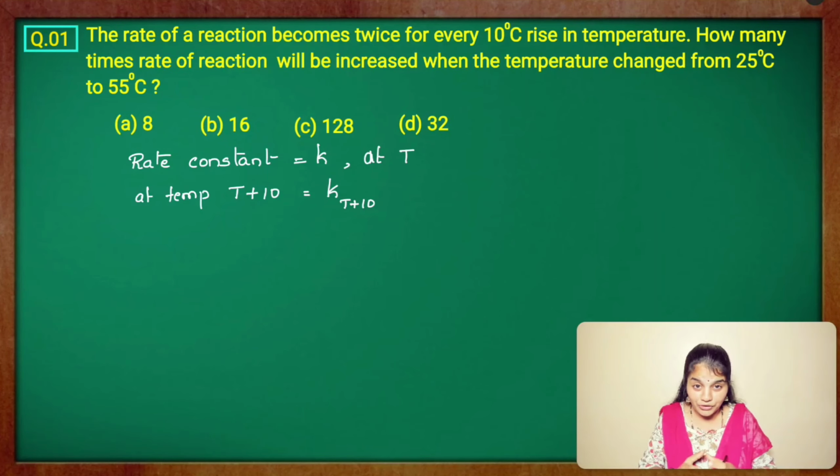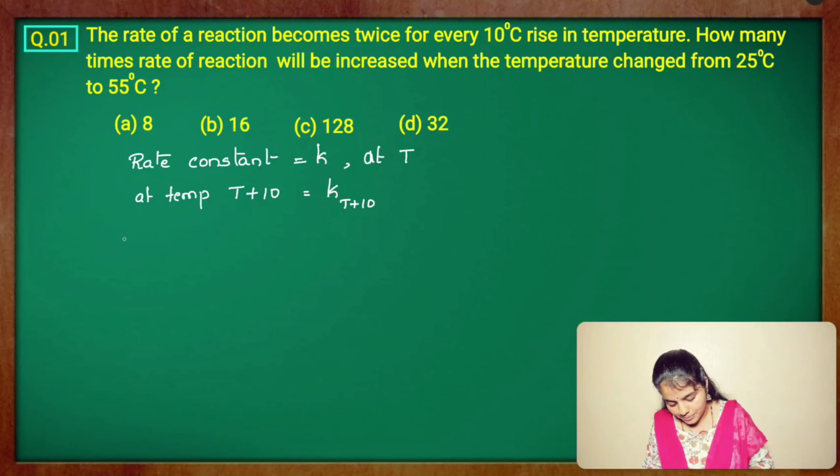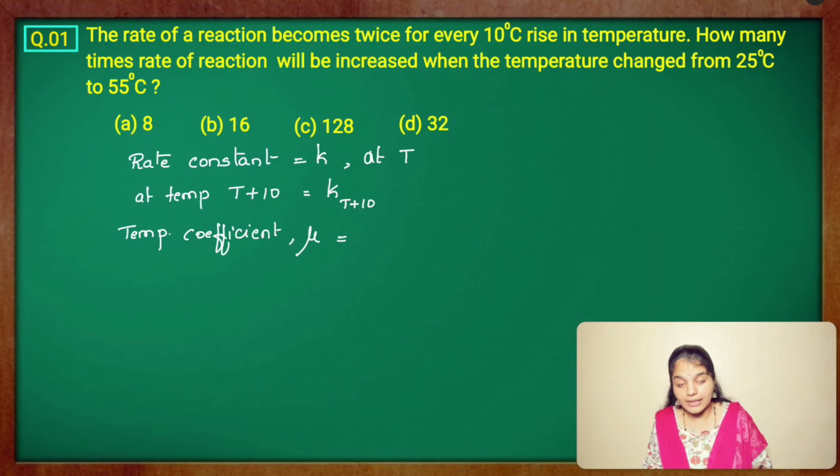So the temperature coefficient is the ratio of these two rate constants. So if I denote temperature coefficient as mu, it is the ratio of the rate constant of a chemical reaction at a 10 degrees centigrade more temperature to the rate constant.